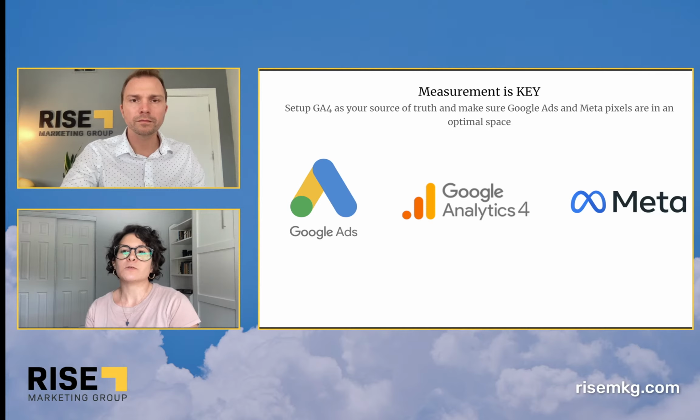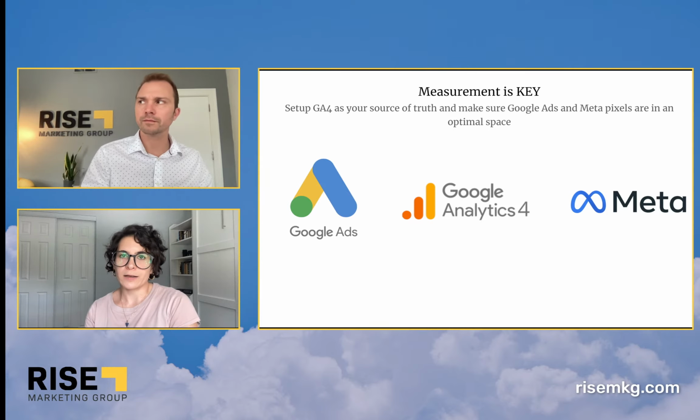One way to reduce that noise is to have a third-party platform. So if you have a high monthly ad spend, you can start thinking about having that other platform to rely on.